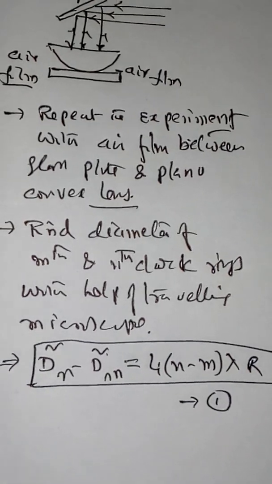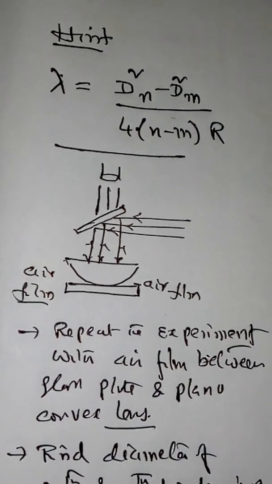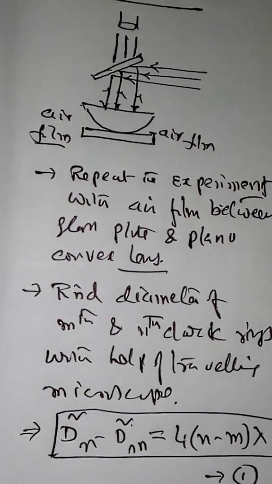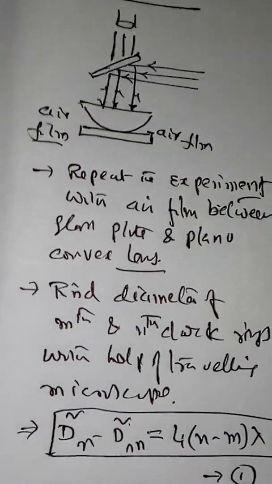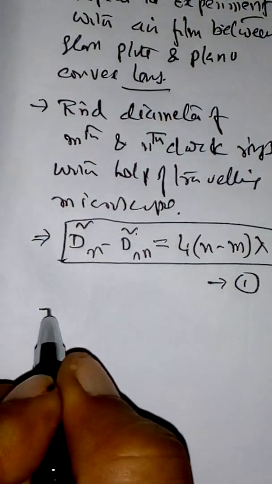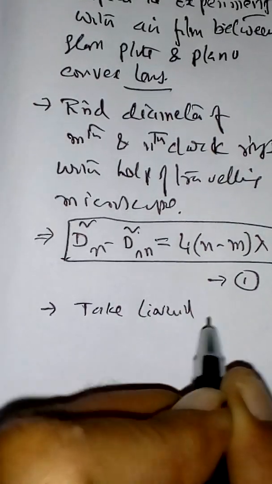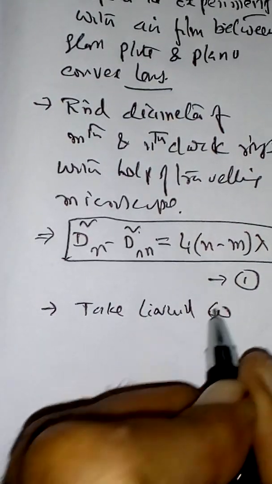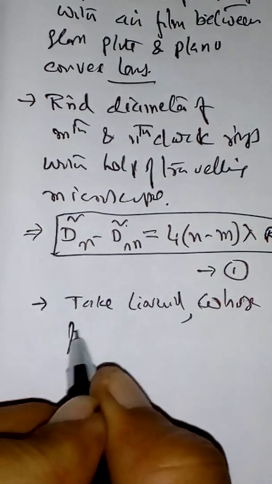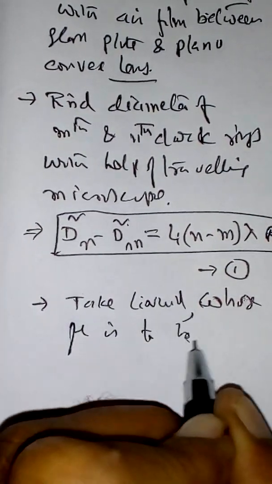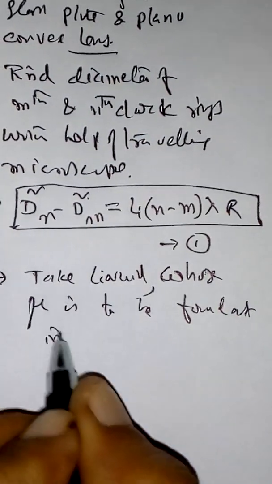Now, interestingly, this experiment we have seen last time. Now, with whichever liquid you want to find the refractive index, take that liquid, whose refractive index is to be found out, in a container.